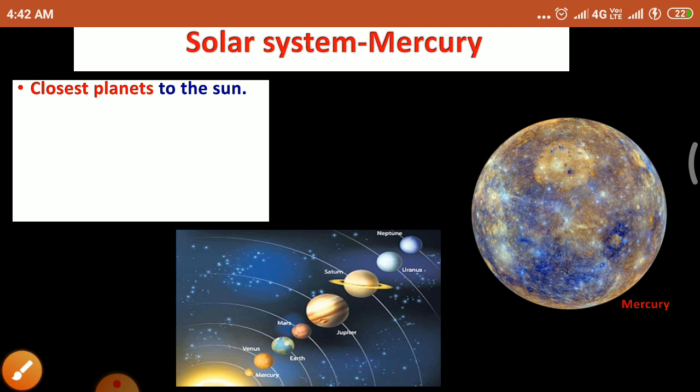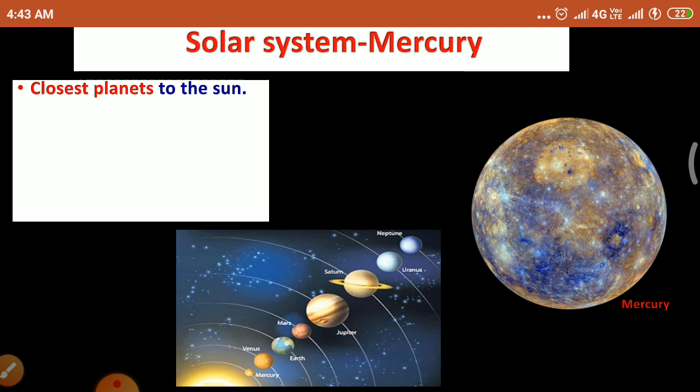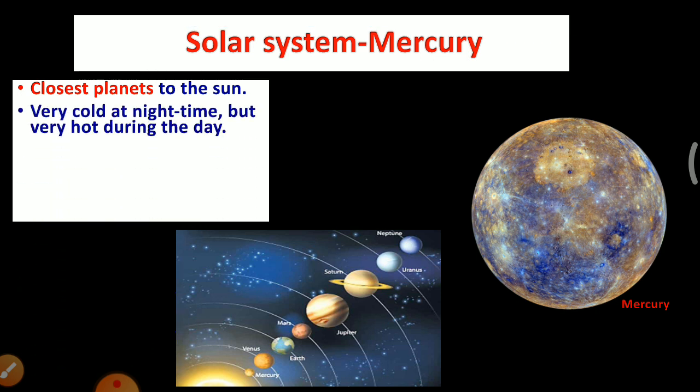The first point for Mercury is it is the closest planet to the Sun. The next point, it is very cold during the night time and very hot during the daytime.